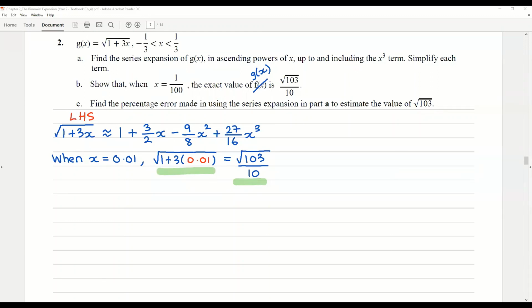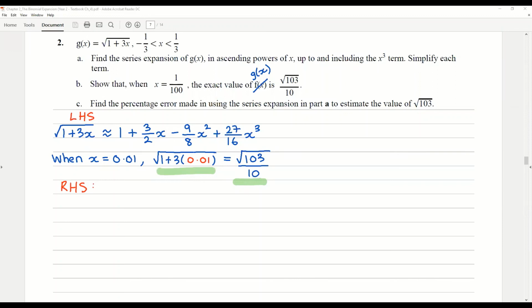Now, I beg your pardon, the right-hand side. So when we do that, for the right-hand side, and we compare the results, we should be able to see how good our approximation is.